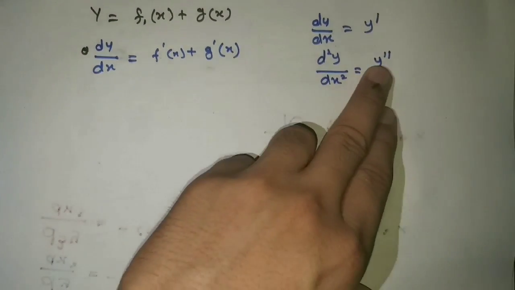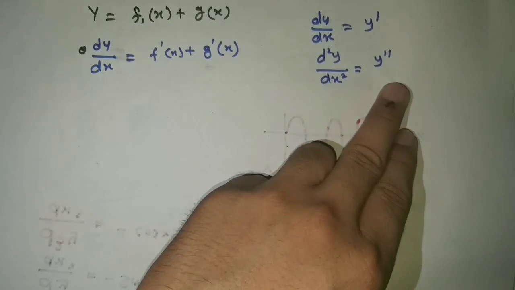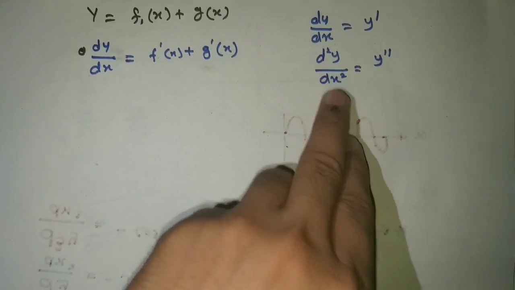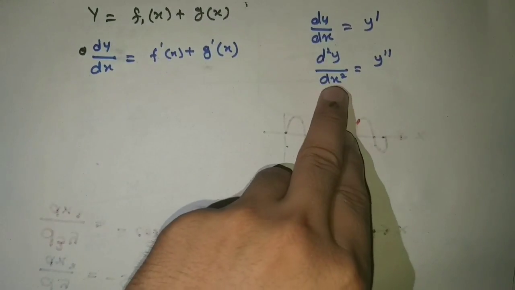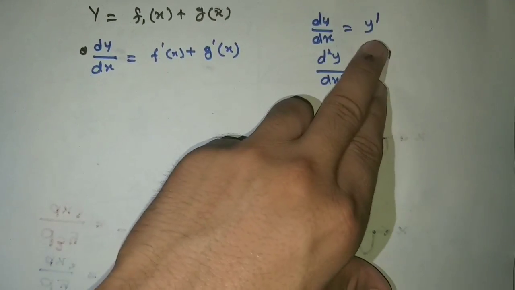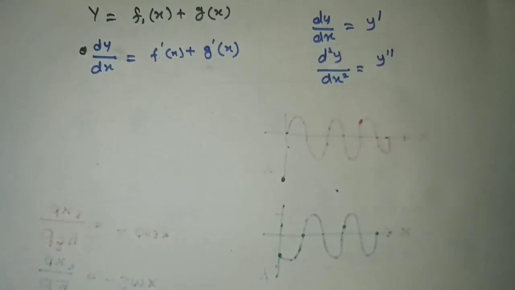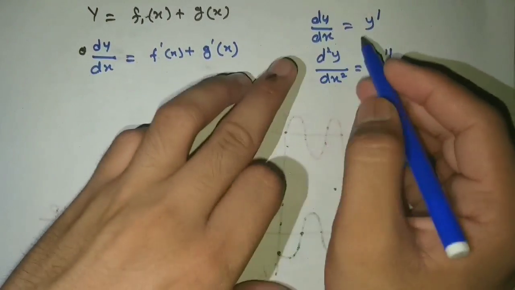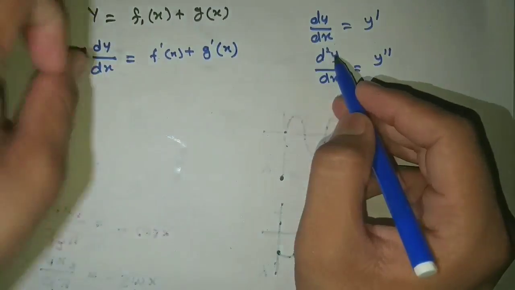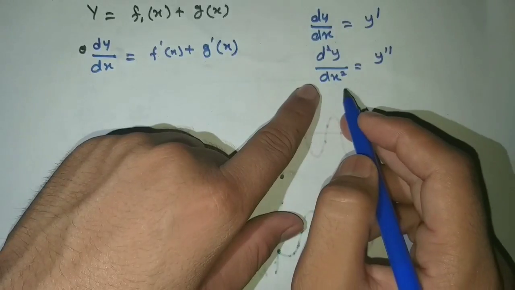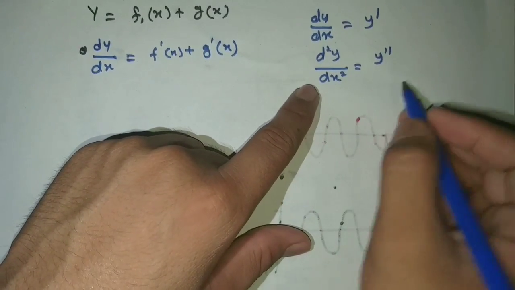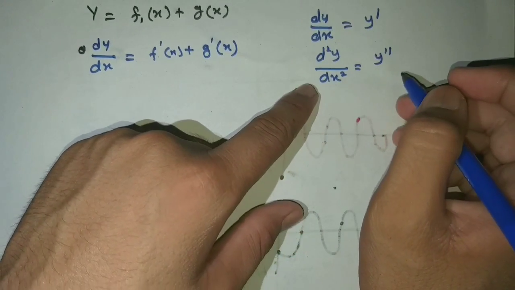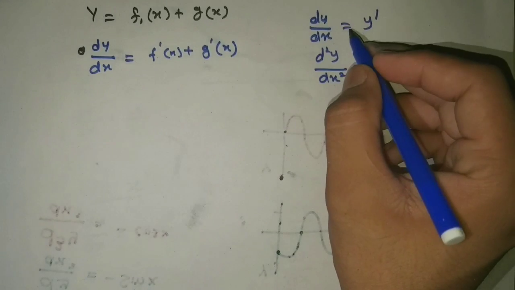So we can put y double prime in place of d square y over dx square, or y prime in place of dy over dx. Here the maximum power of differentiation tells us the degree of that derivative.